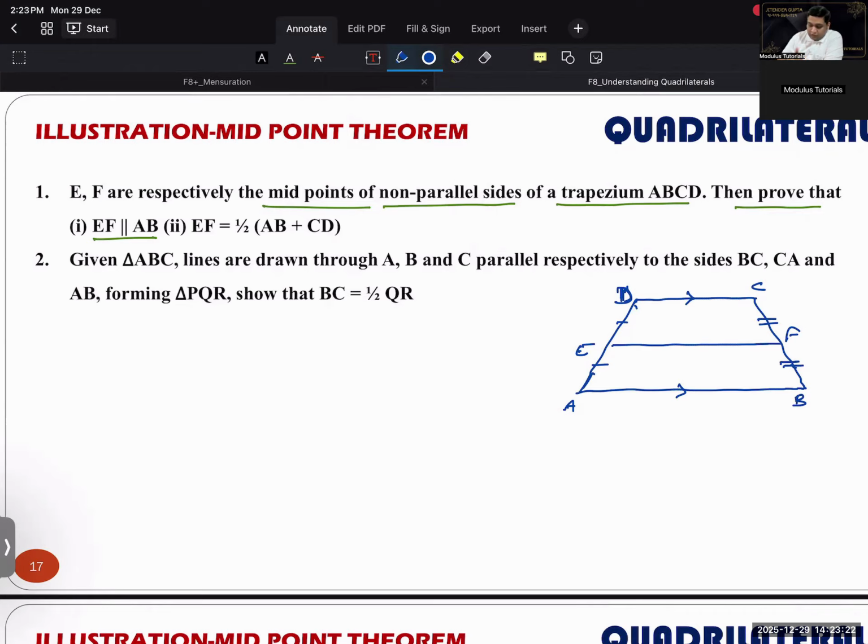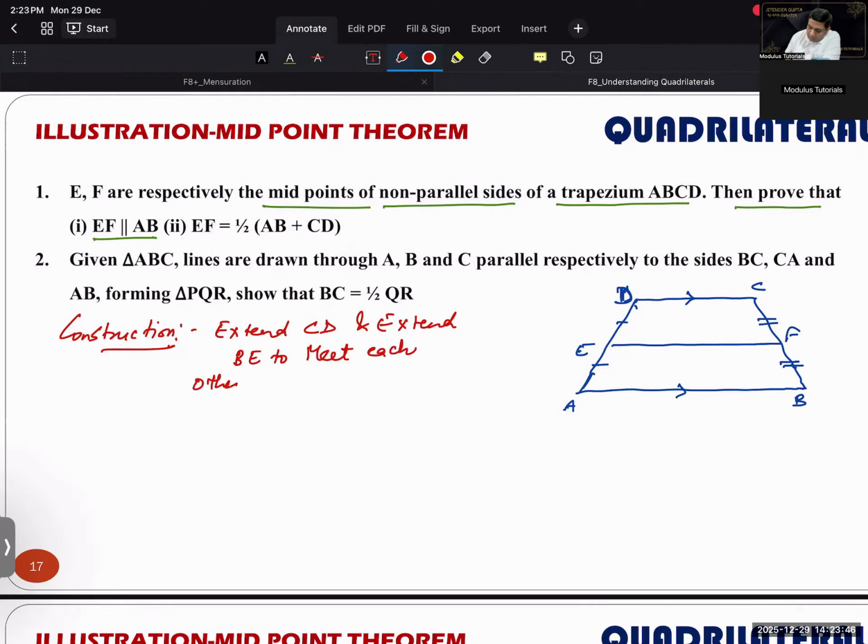Okay. So what we need to do? A bit of construction. So construction: extend CD, and extend BE to intersect each other at maybe, let's say, G. So what I'm saying, extending this and I'm joining this also.